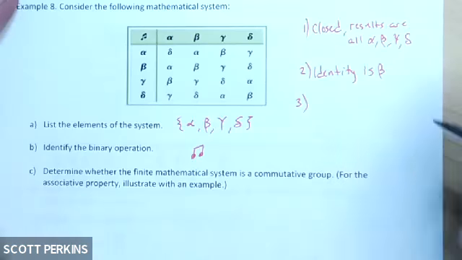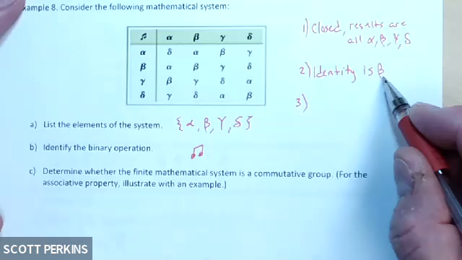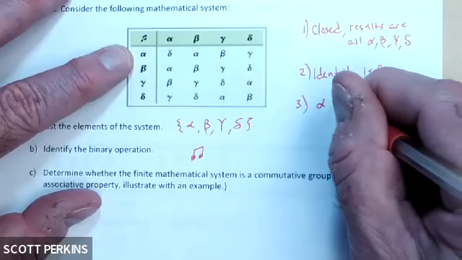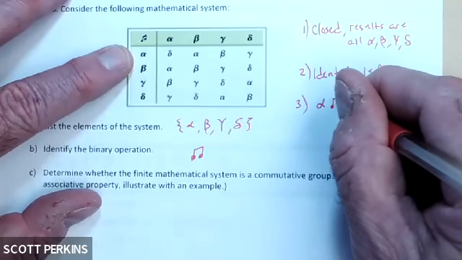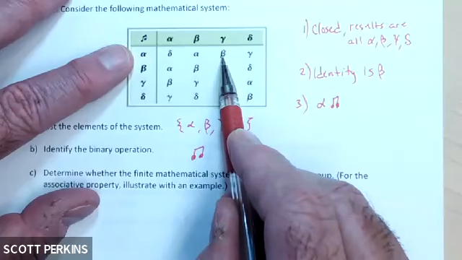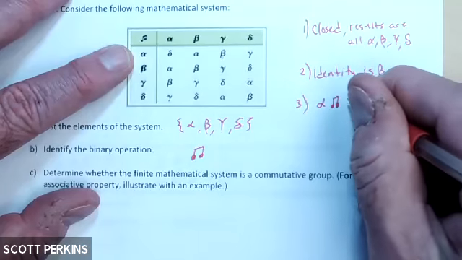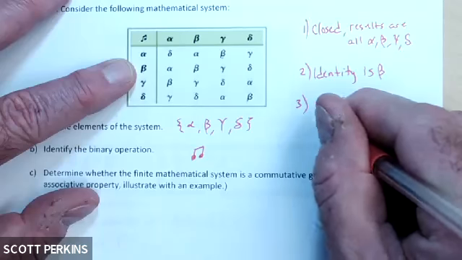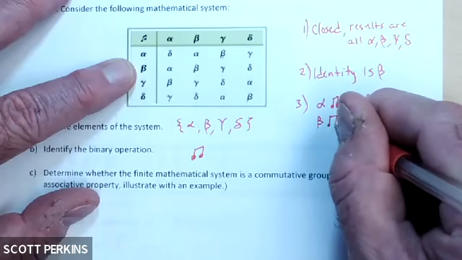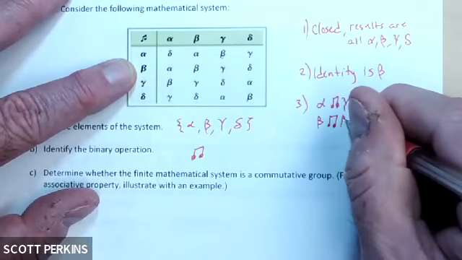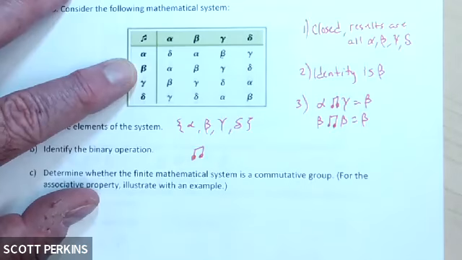Great. The third thing is I'm going to identify whether or not everything has an inverse. So the inverse is the element that produces the identity, which is beta. So coming over here, I'm going to take alpha and I want to know, what do I music sign it with to get beta? And I'm going to do it with gamma. Okay, so that is this right here that produces beta. Then we're going to do beta, and I've got my music sign, and beta combined with itself. So beta is its own inverse.